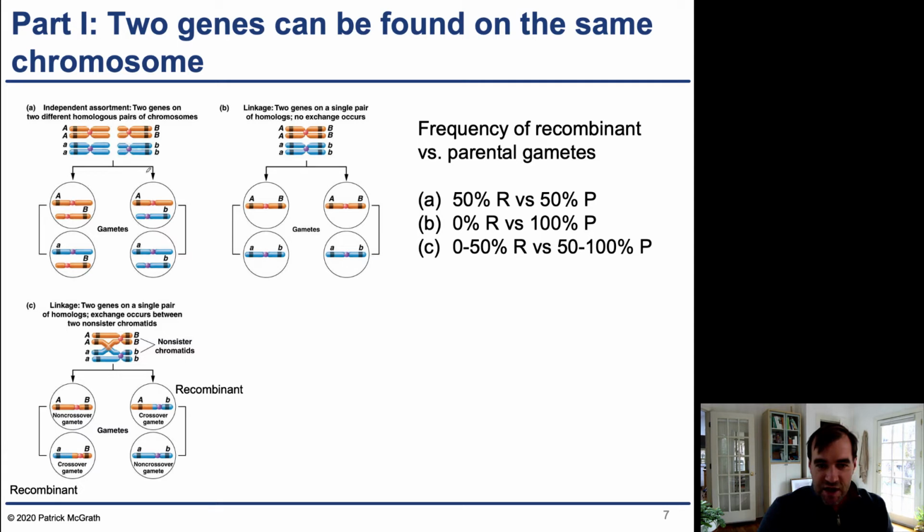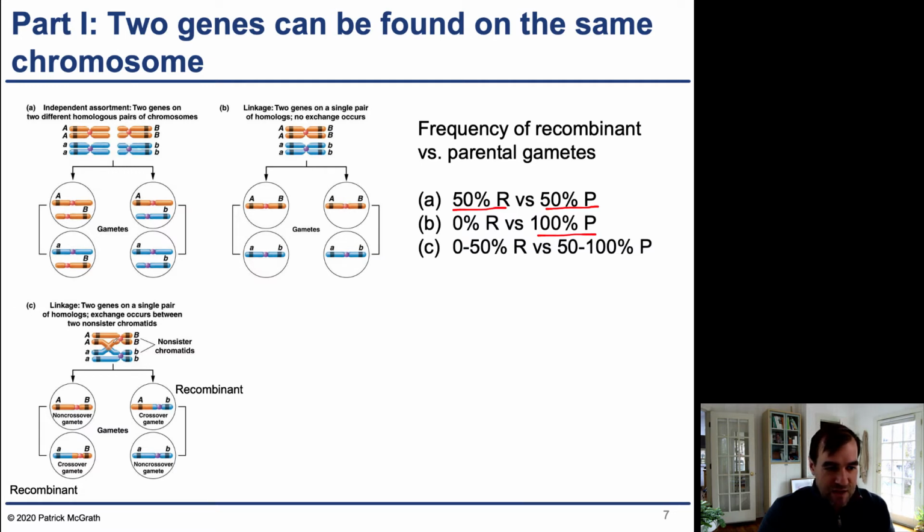Just to summarize: if 2 genes are found on different chromosomes, then we have 50% of the original parental combination and 50% of the new recombinant gametes, the new combinations. If we have 100% linkage, so if crossover doesn't occur, then the only types of gametes this individual can produce are the parental gametes.